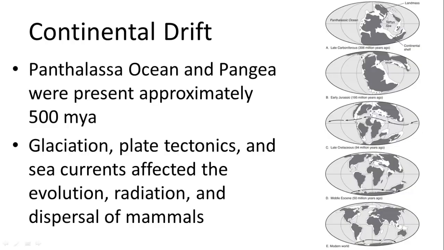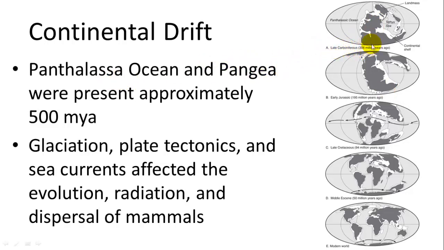Okay, so it wasn't originally that we had these 7 regions. The continents have gone through many shifts throughout their existence, and this is due to plate tectonics. 500 million years ago was the last time all of the continents were together in a land mass called Pangaea.